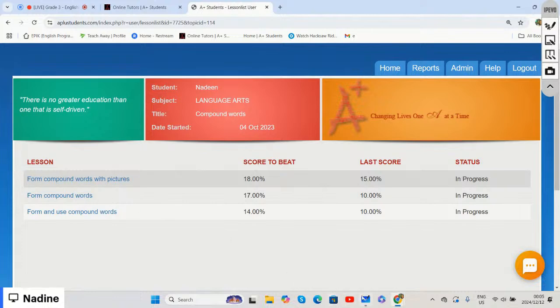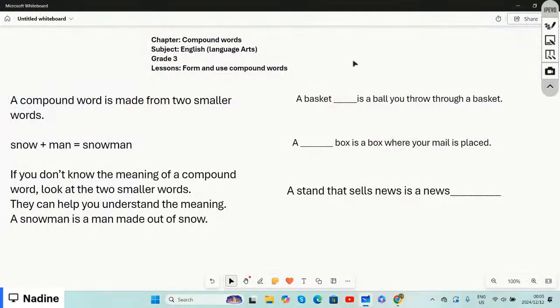All right. So we said our chapter is compound words. Our subject is English language arts. We're doing grade 5.